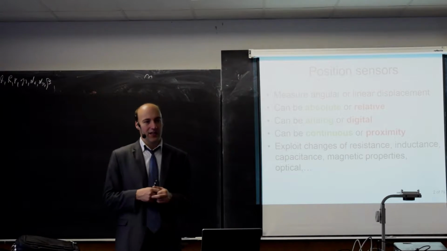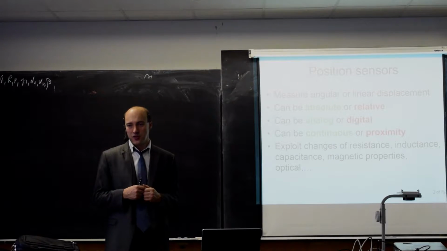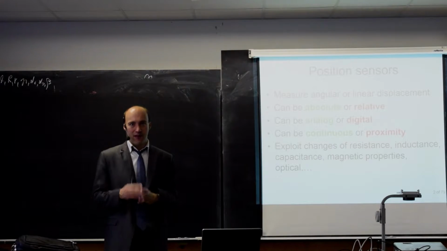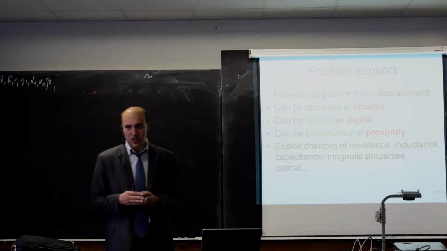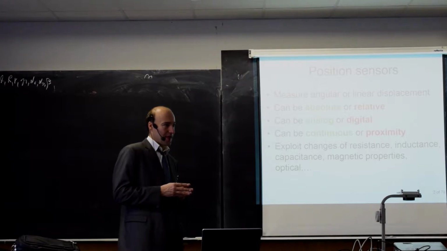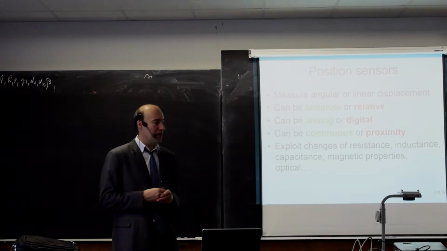But on the other hand, relative sensors are typically much more accurate than absolute sensors. So there is a trade-off between resolution, which is greater for relative sensors, and the necessity to have this reference motion at the beginning.